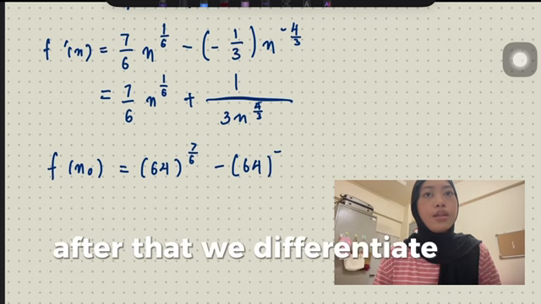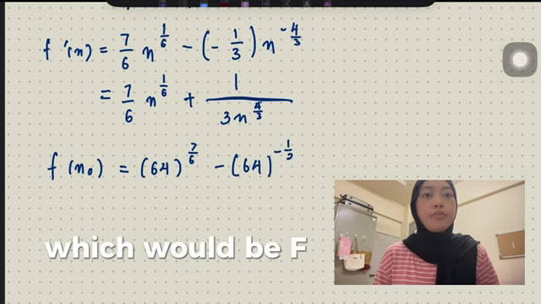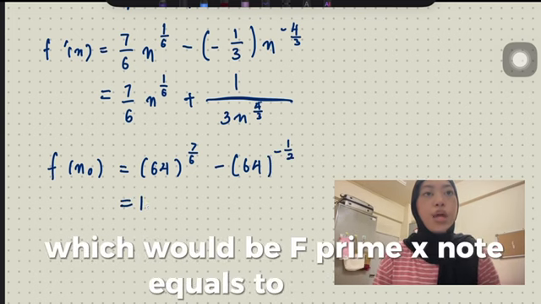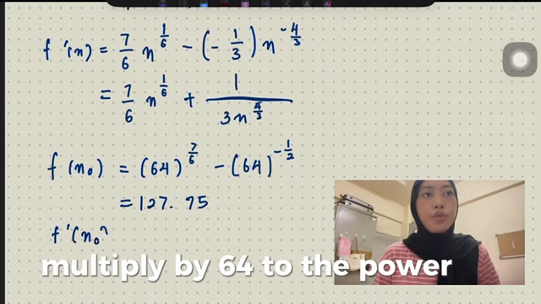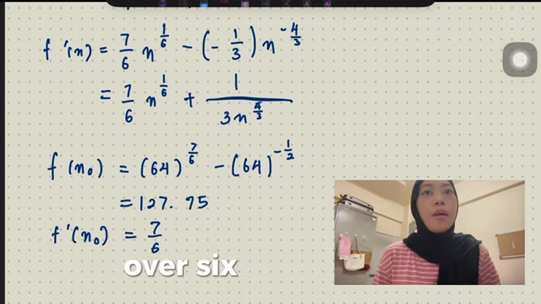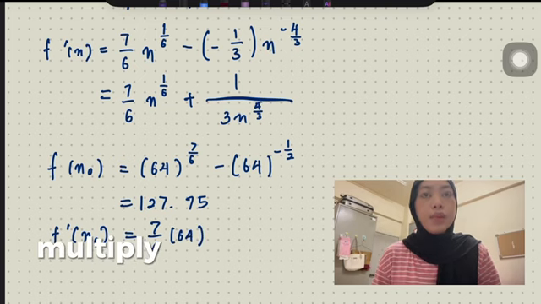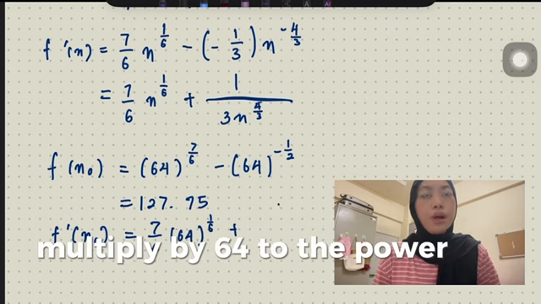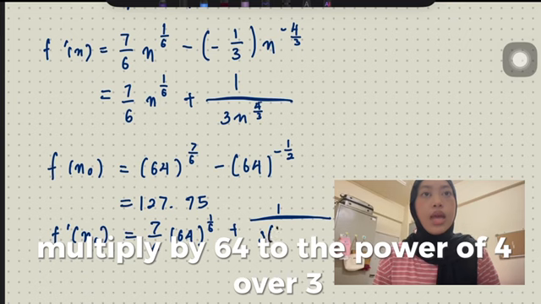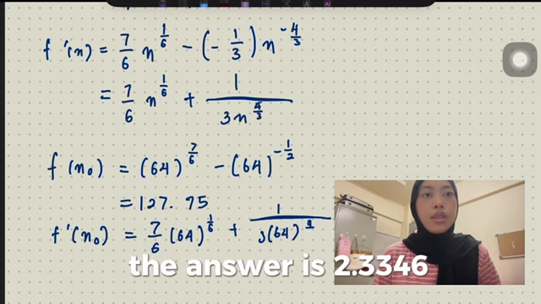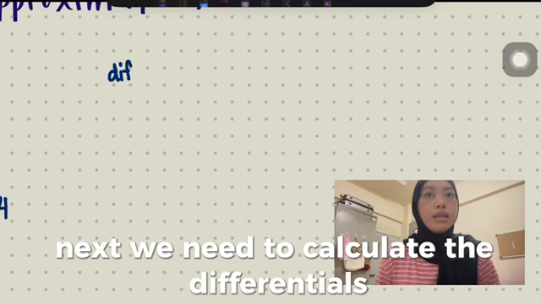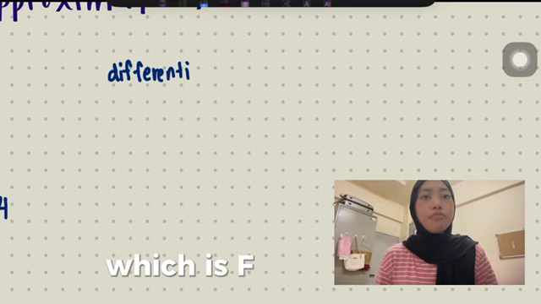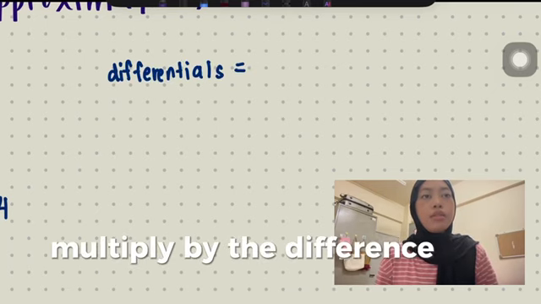After that, we differentiate, which gives f prime x naught equals 7 over 6 multiplied by 64 to the power of 1 over 6 plus 1 over 3 multiplied by 64 to the power of 4 over 3. The answer is 2.3346.